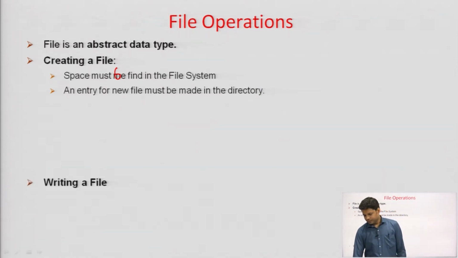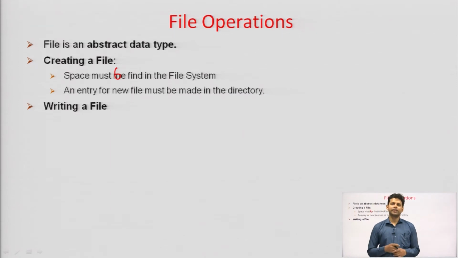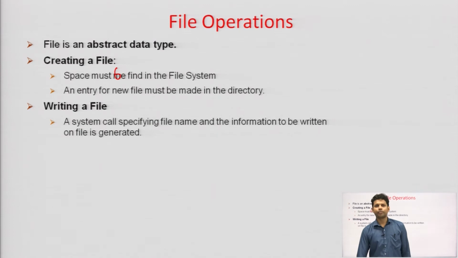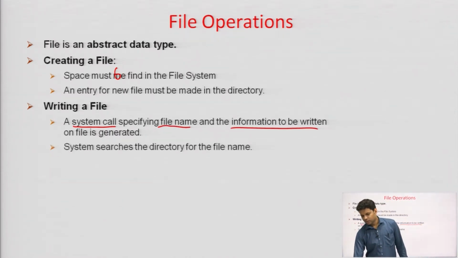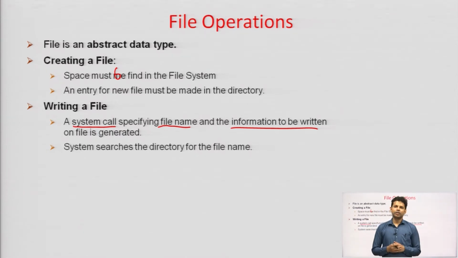Okay, so another operation is writing a file. So we all know what writing a file is. A system call specifying the file name and the information to be written to the file is generated. Whenever you want to write a file, a system call will be generated in the background, which specifies the file name and the information to be written. Okay, so the system searches the directory for the file name first.